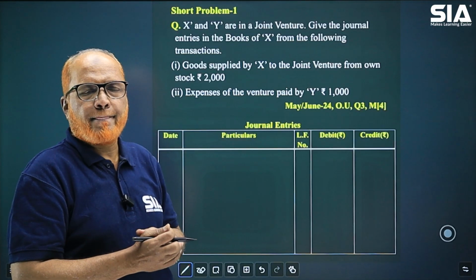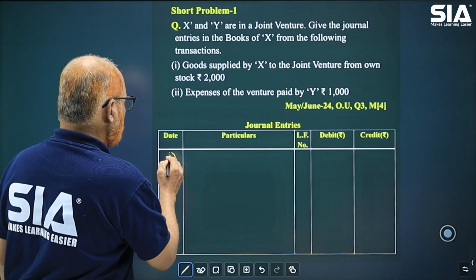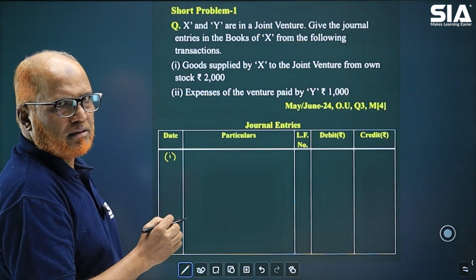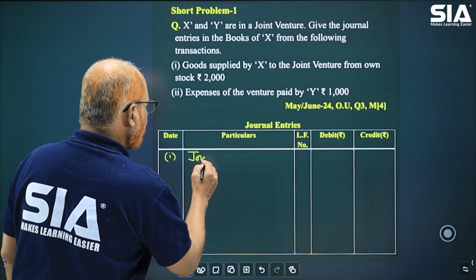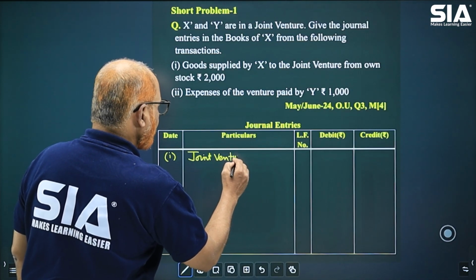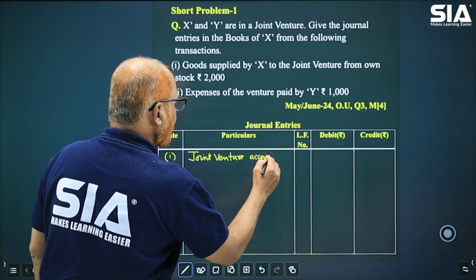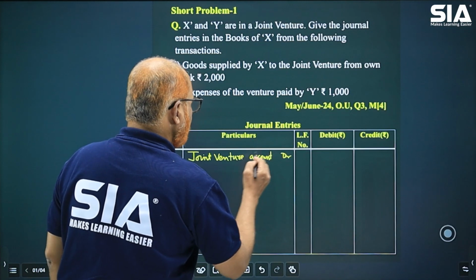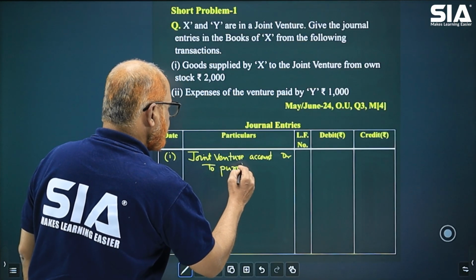So what will be the entry? See here. Joint venture account debtor to purchases account.